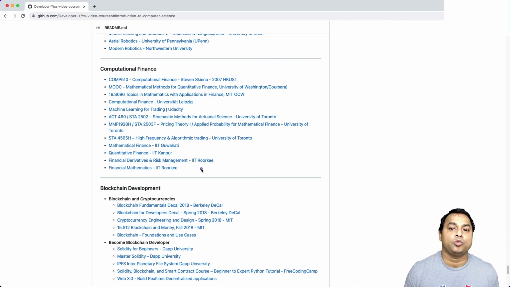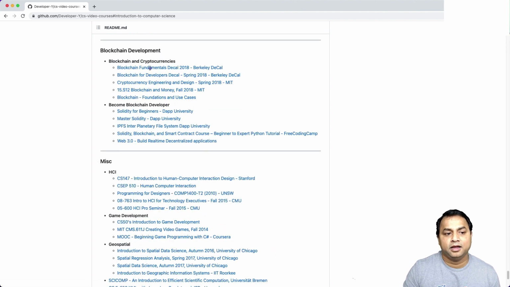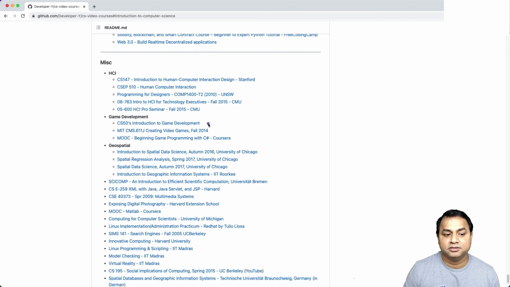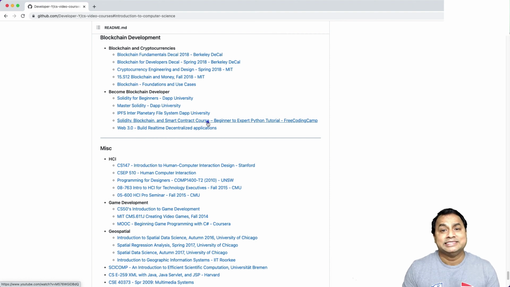And then if you want to be a quant in the stock market, where you can predict prices, machine learning and AI are also used in the stock market nowadays to predict and buy and sell stocks. And then blockchain development is also there. You can check this. And then miscellaneous, they put HCI, human computer interaction design, game development, geospatial, that is available. That's all we have. This is 800 plus free resources.